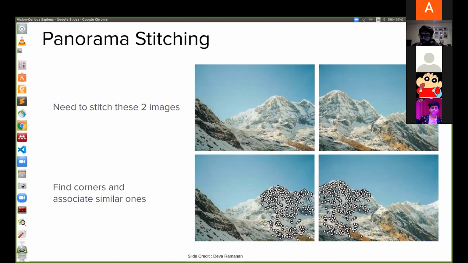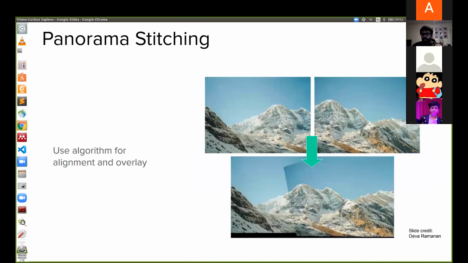And once it knows where these are, then it can take the right image and put it on top of the left image. That's how it folds this image and puts it on the left image, and here we are able to form a stitch and form a panorama. So this is what these algorithms do.